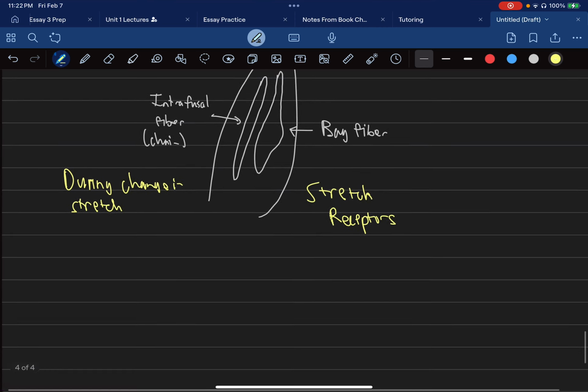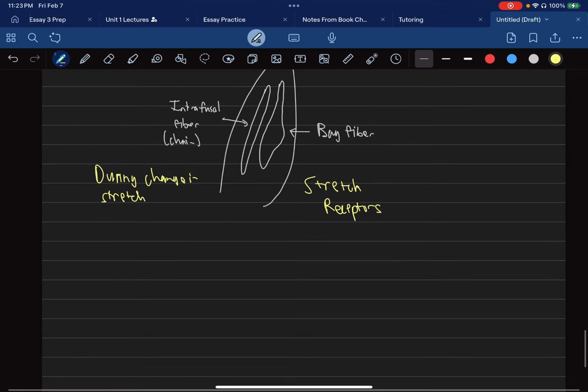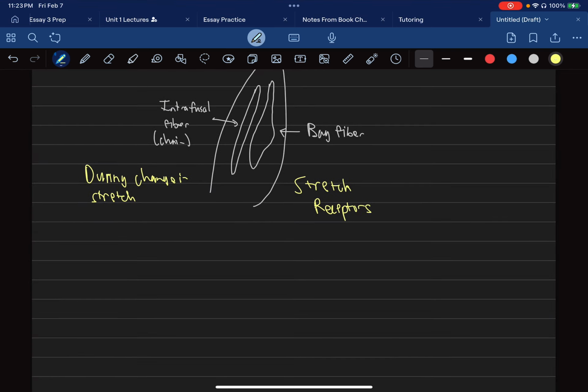Once the muscle has stopped stretching, the intrafusal is not going to be able to tell anything. So if there's no change, then the chain can't tell.